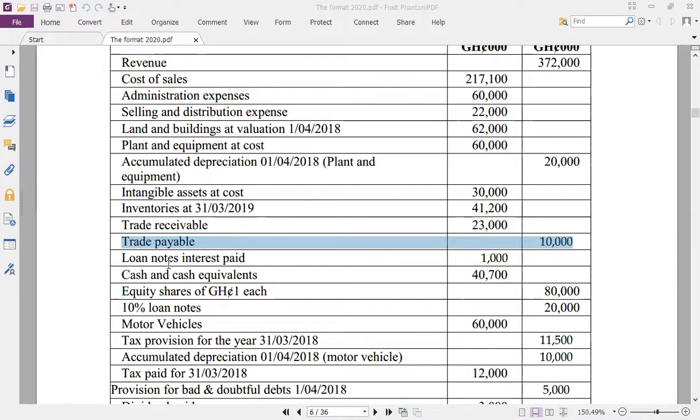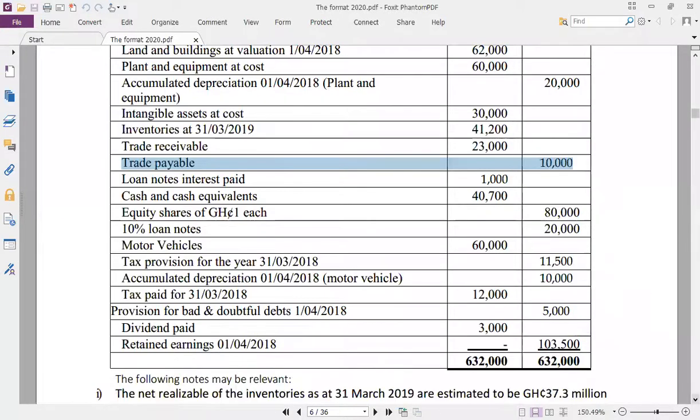Good. Now, what's the loan note itself? When you go down, 10% loan note. What's the value? I like that, someone has given me the answer. Wow, they're giving me answers.